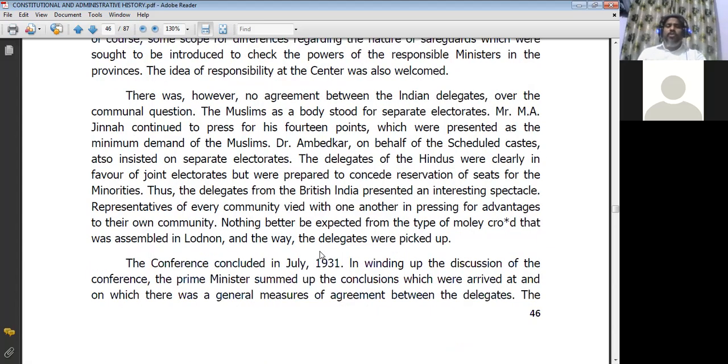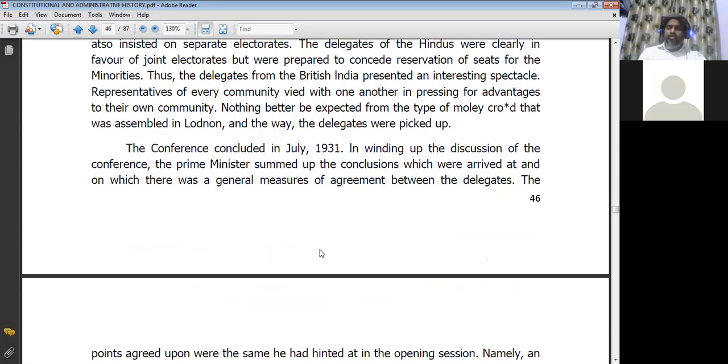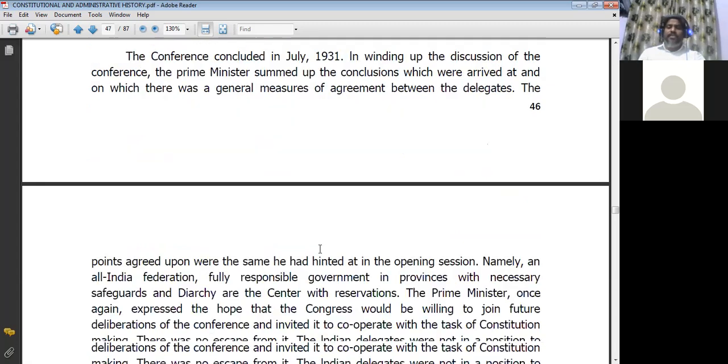The conference concluded in July 1931. In winding up the discussion, the Prime Minister summed up the conclusions which were arrived at, on which there was a general measure of agreement between the delegates.